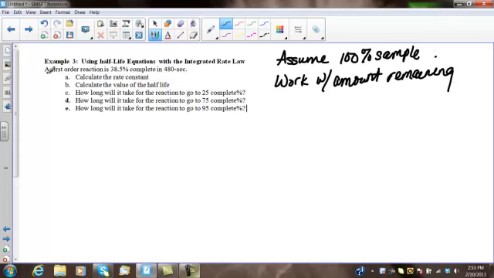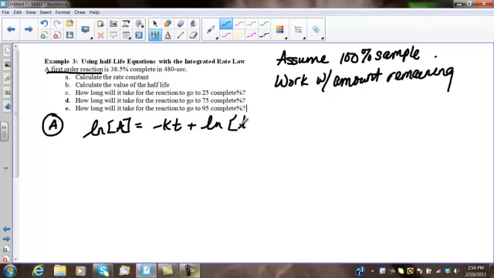They told us it was a first order reaction, so we know that the rate law is going to have the form of ln A is equal to negative kt plus ln A initial. We know that it's 38.5% complete, so 100 minus 38.5 is equal to 61.5.